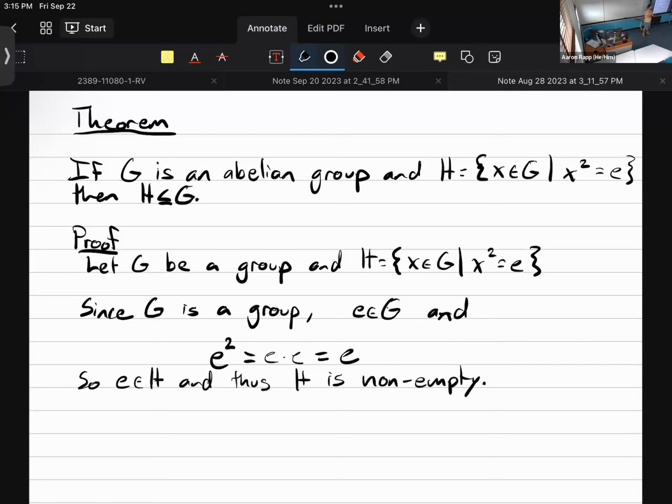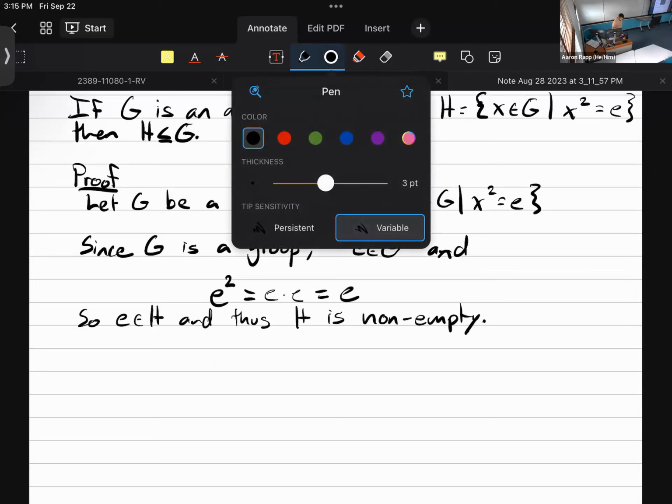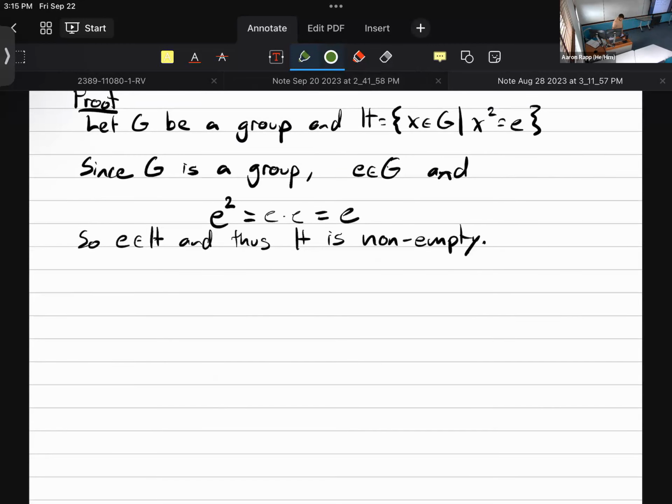So now I get to apply my one-step subgroup test. I need to choose any two elements. Let me write this as our goal again. I'll do it in green.